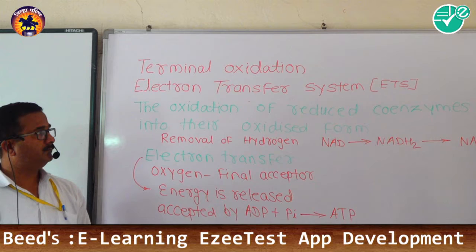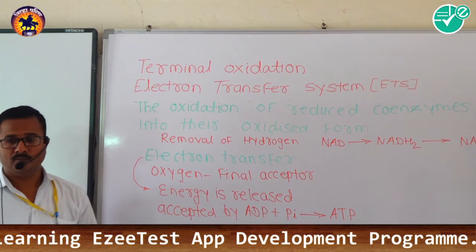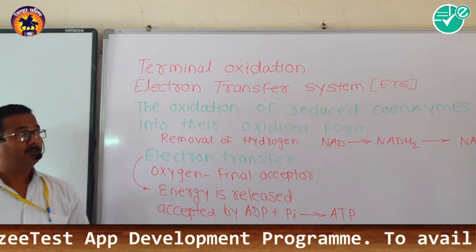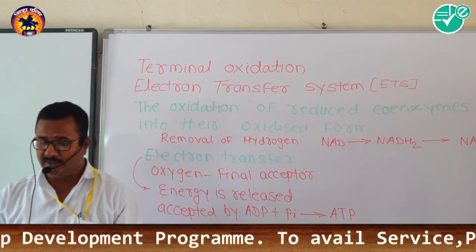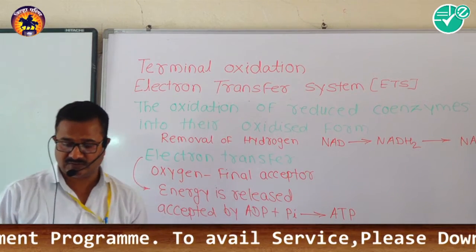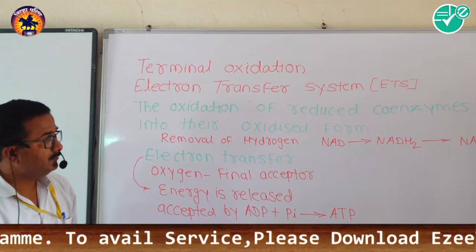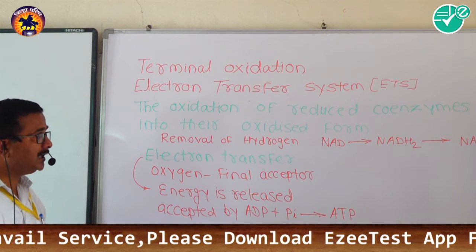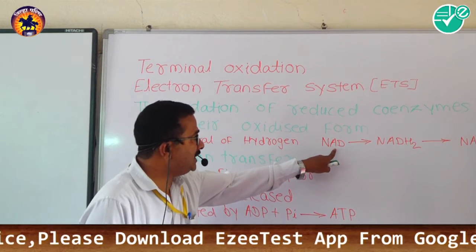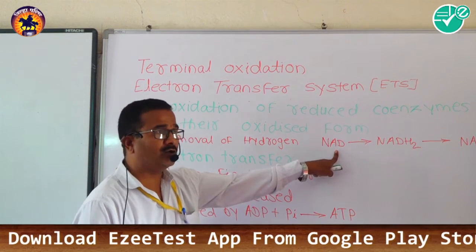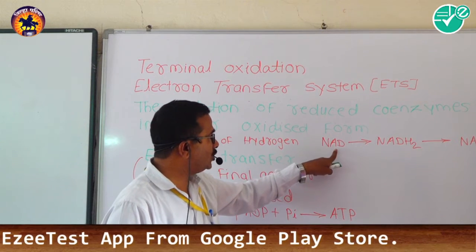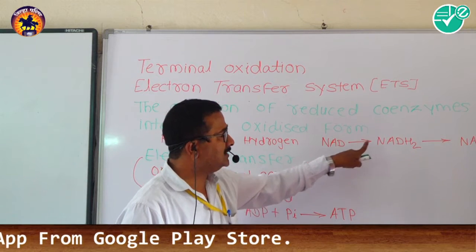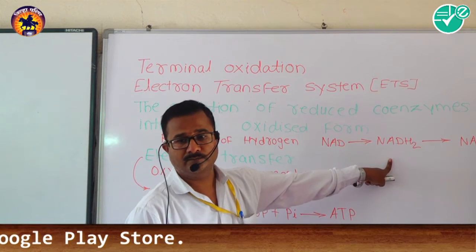And so, how does this oxidation of the reduced coenzymes happen? We discussed earlier, when oxidation takes place, removal of the hydrogen occurs. This removed hydrogen is accepted by the NAD, and they convert into the NADH2.